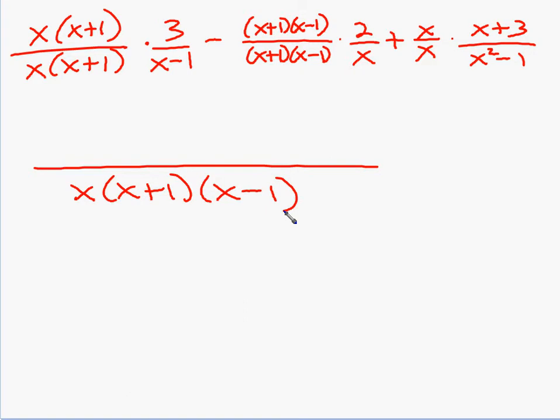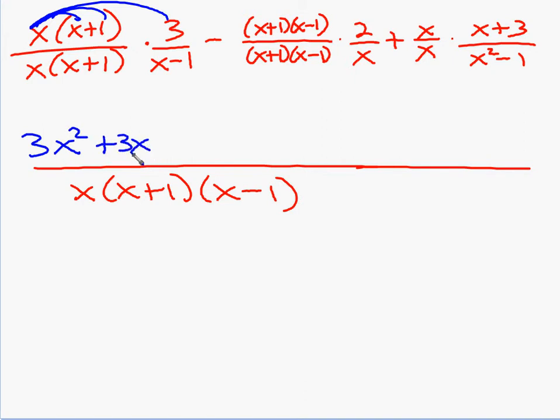We've already figured that out, so we're going to have one big long line here, and we're going to put that whole numerator on top. So first, on this first term, I'm going to distribute this 3x through. So it's going to be 3x squared plus 3x.